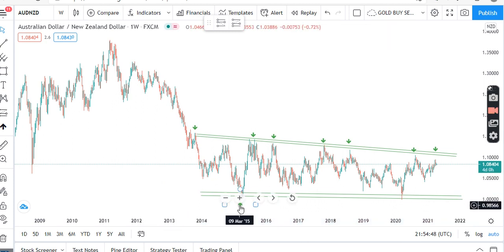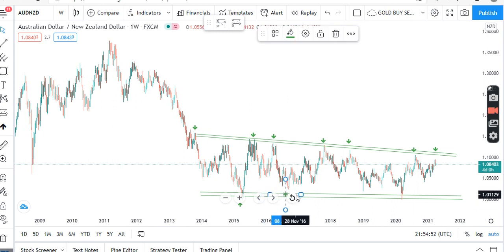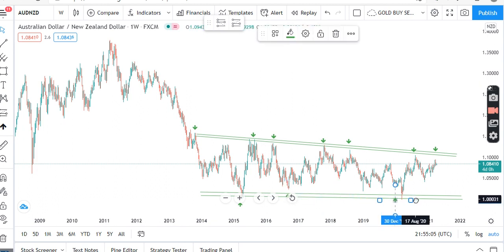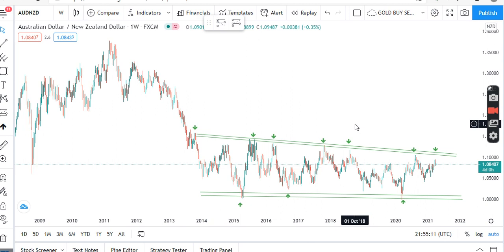So we had another point where here we didn't really reach our intended area to buy from, right? So another point was here. So price actually respects these areas.